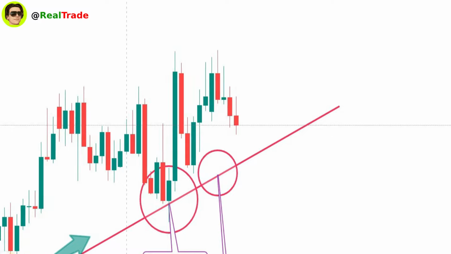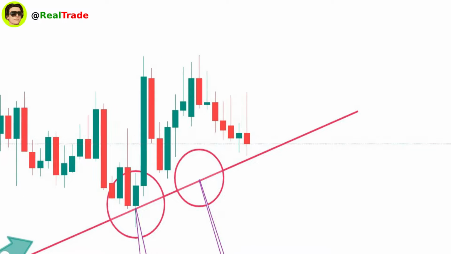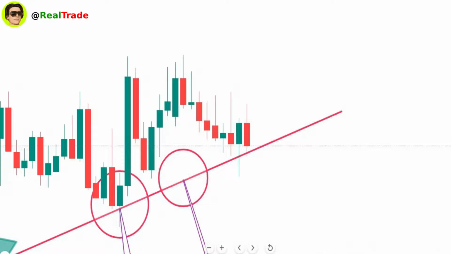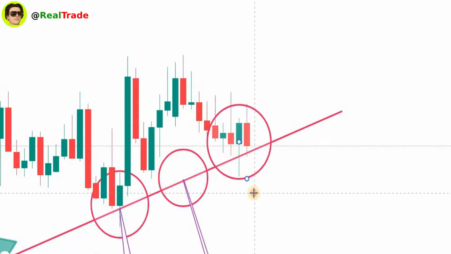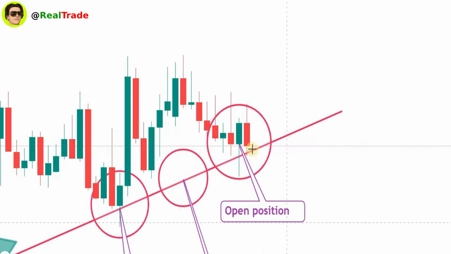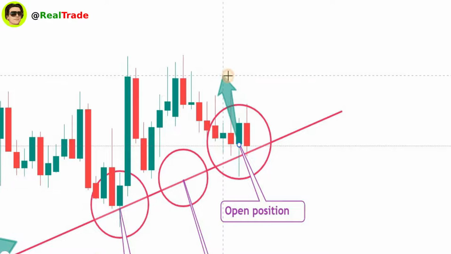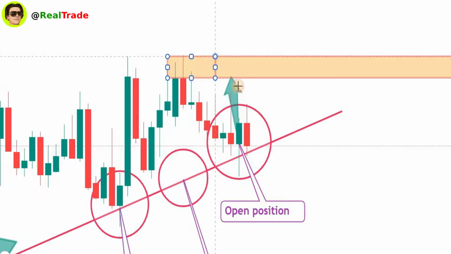Next. Open position, this candle. Green candle. Open position. This area is profit, local resistance.